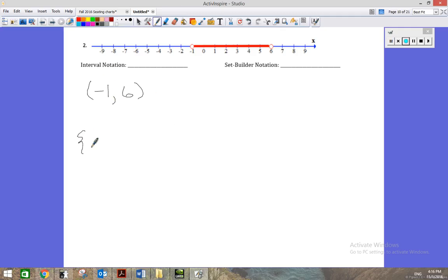For the set builder notation, I know that this part of it is always the same for all set builder notation. Now inside here, I need to describe what's shaded. Since I have endpoints, I'm going to write -1 and 6. I'm going to write the variable in the middle.